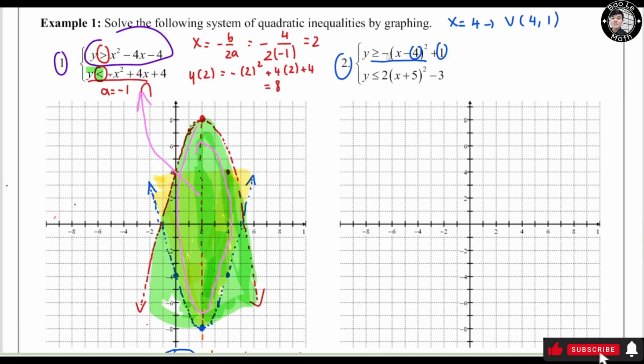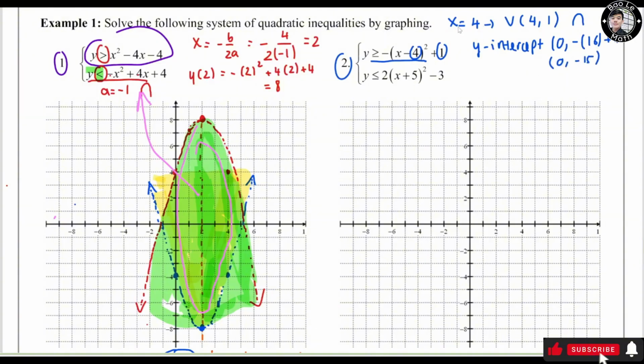Now a is negative 1, so the graph opens downward. Now we need to find the y-intercept, so we just let x equal 0 and we have negative of negative 4 squared, which is 16, and then plus 1 is going to be (0, negative 15).